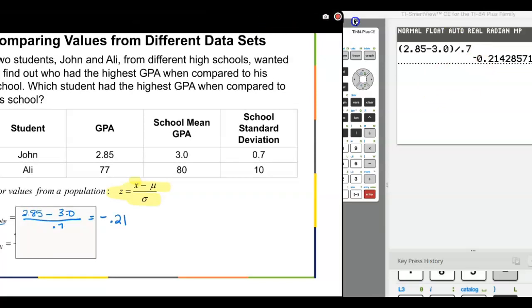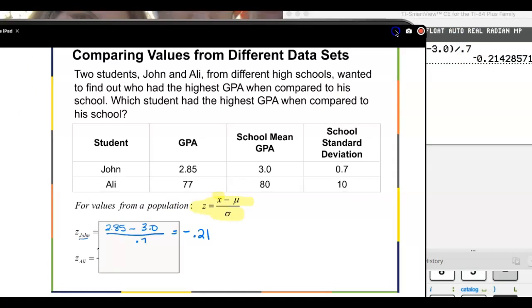Okay, now let's do Allie's. Allie's GPA is 77 minus the mean of 80 divided by the standard deviation of 10. Let's go ahead and do that.